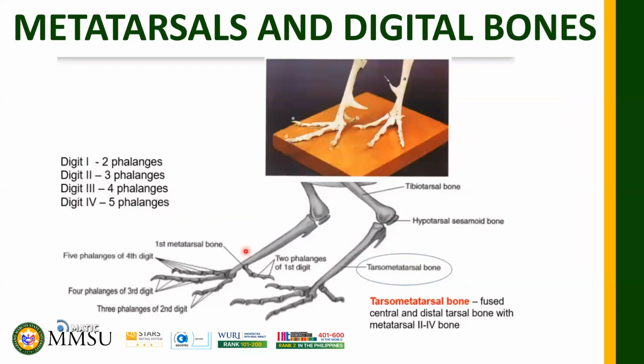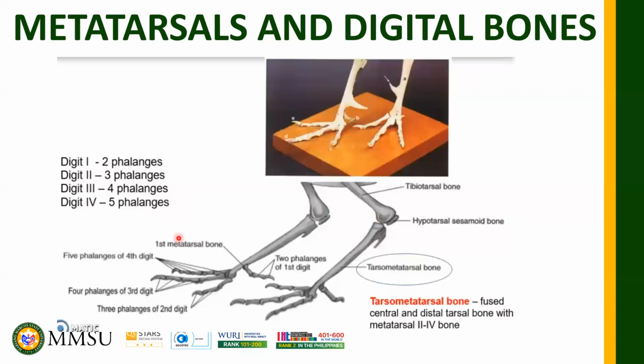The first metatarsal bone usually remains a separate structure, while the fifth metatarsal bone is usually missing. Okay? So the tarso-metatarsus usually bears a bony process for the spur. This is the spur, which is more developed in our males than in females. And then distally, the tarso-metatarsus articulates with the phalanges of the digits.